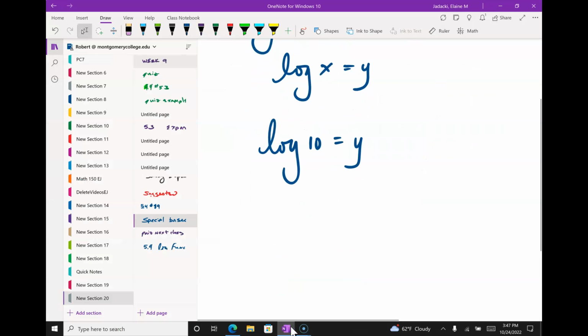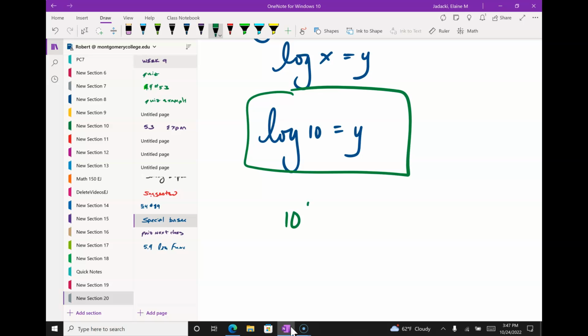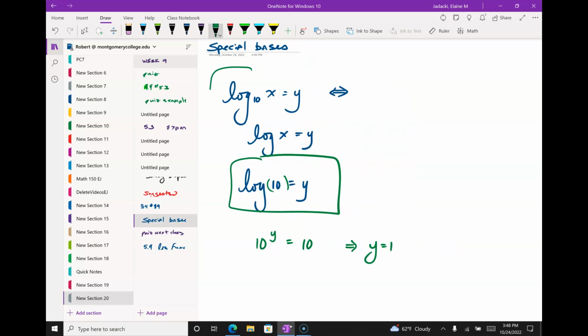So what's weird here is the base. What's the base in this problem? It's all about the base. It's a joke. 10. What's the exponent? Good. What's the answer, what's the argument? 10. So 10 to what number is 10? 1. When you translate it, it's very easy. So our first special base is base 10. We don't say base 10, we say log.